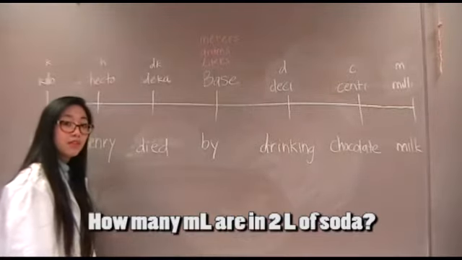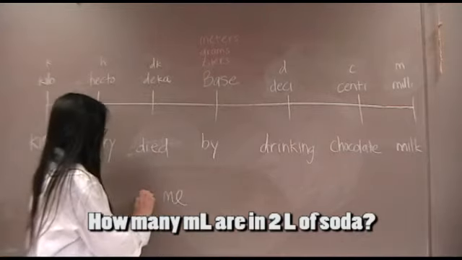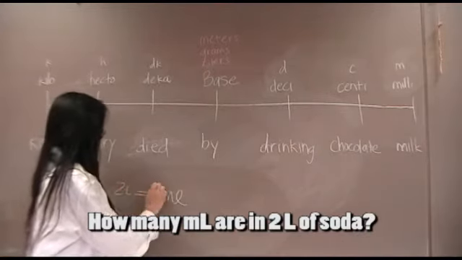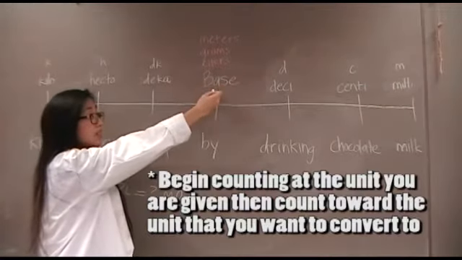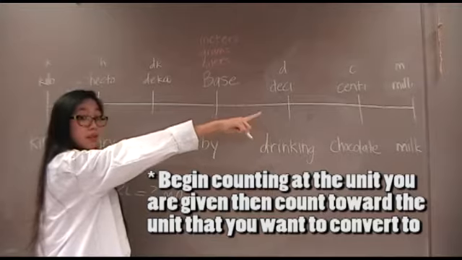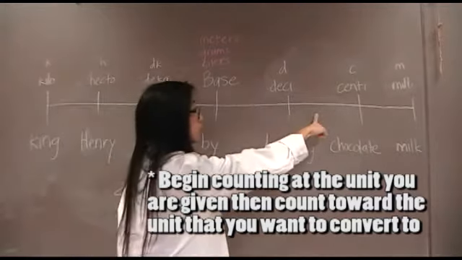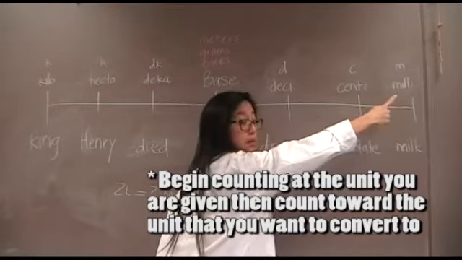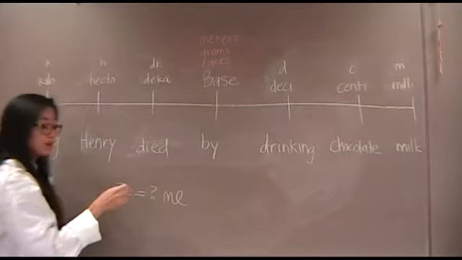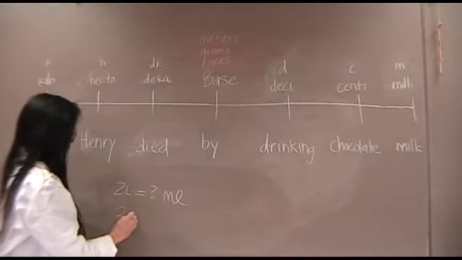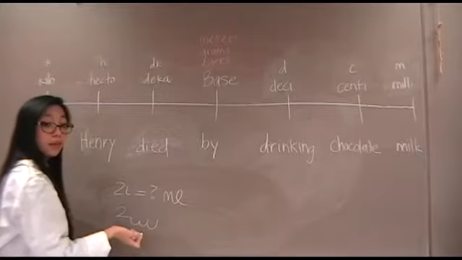So let's say we want to figure out how many milliliters are in a 2-liter bottle of soda. We would start with liters at the base, and we can tell that milliliters is all the way over there from our chart. So we'd count 1, 2, 3, all the way to milliliters. So we'd move our decimal point 3 to the right. Then we'd fill in the zeros.